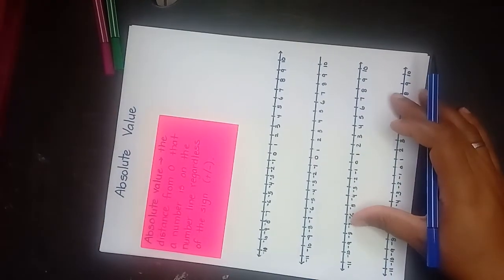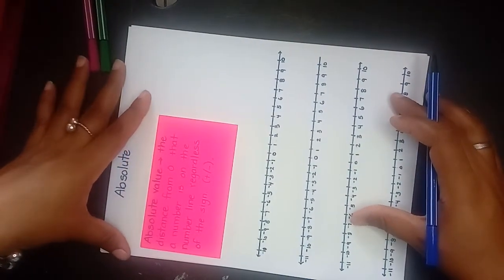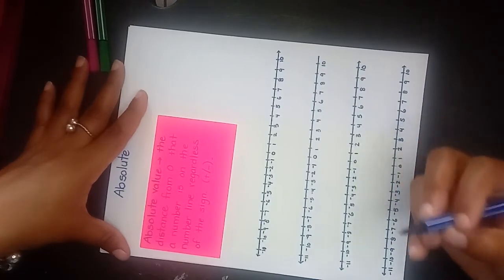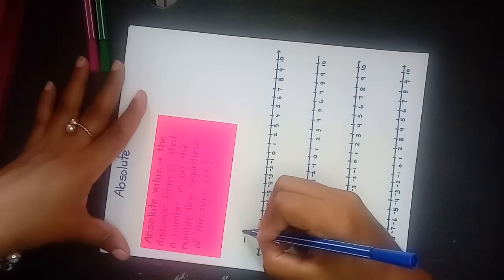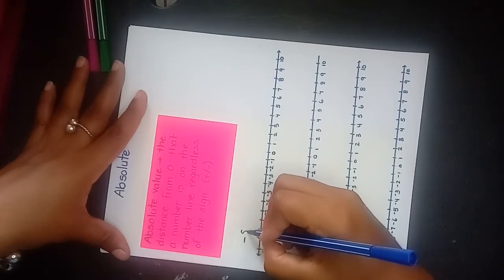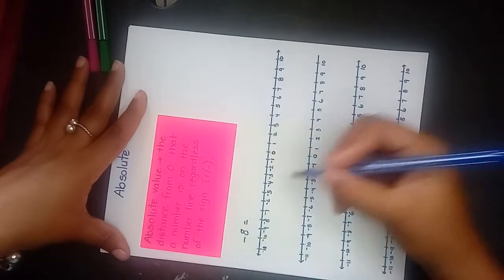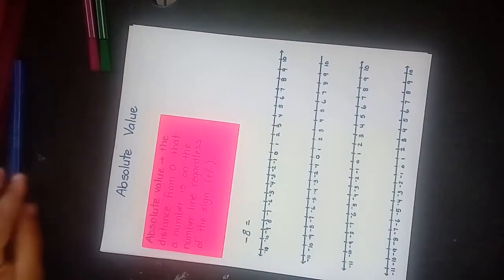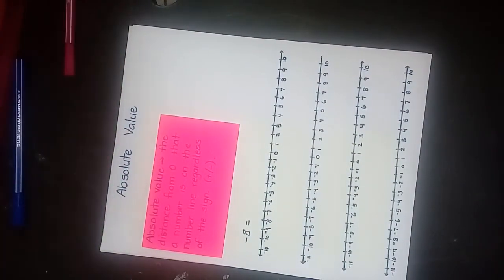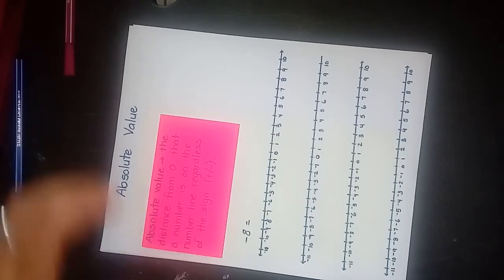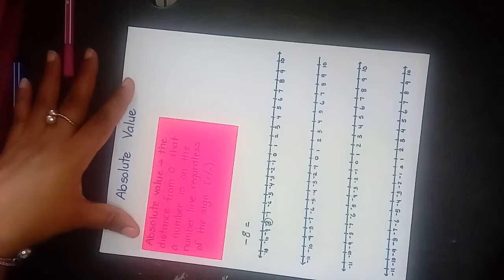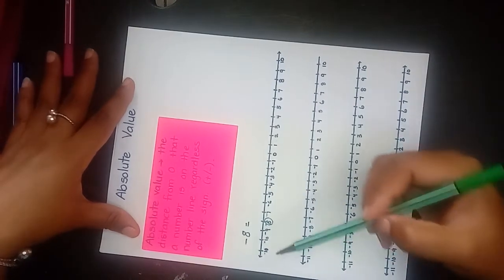So, if we want to find what is the absolute value, let's say -8. What is the absolute value of -8? What we're going to do, we're going to locate -8 on the number line, and we're going to jump towards 0.